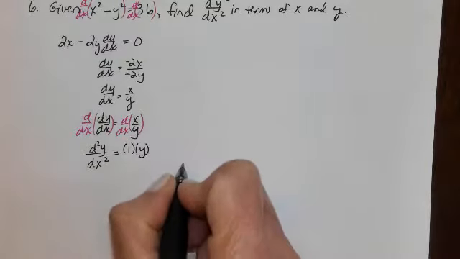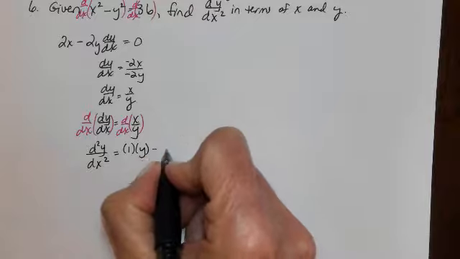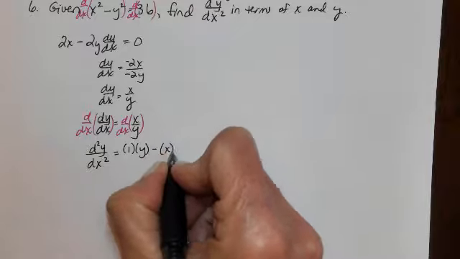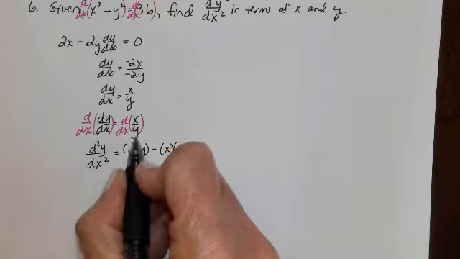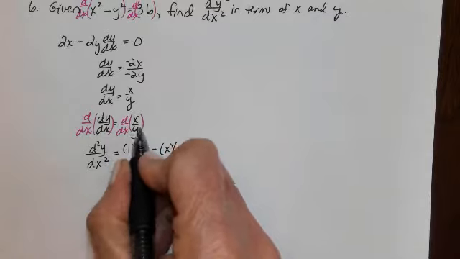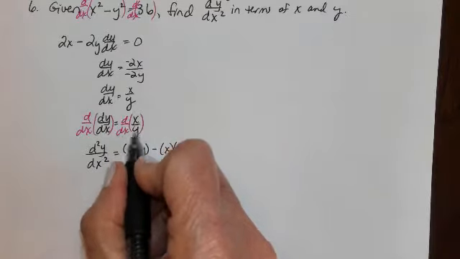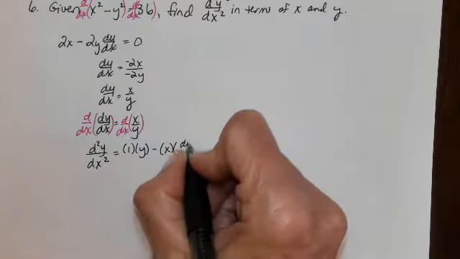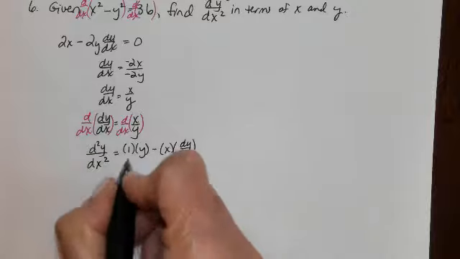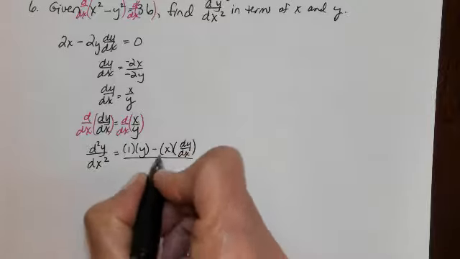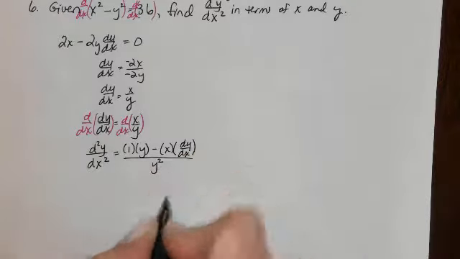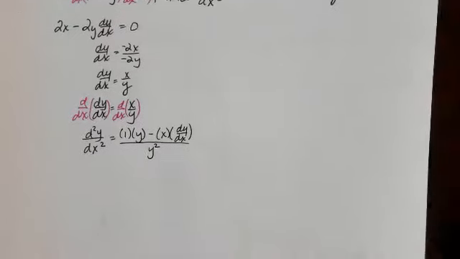So multiply by the bottom. Minus, now I'm going to keep the x the same and multiply by the derivative of the bottom. Well, the derivative of the bottom is 1 dy dx. All divided by the bottom squared. That's the quotient rule, right?